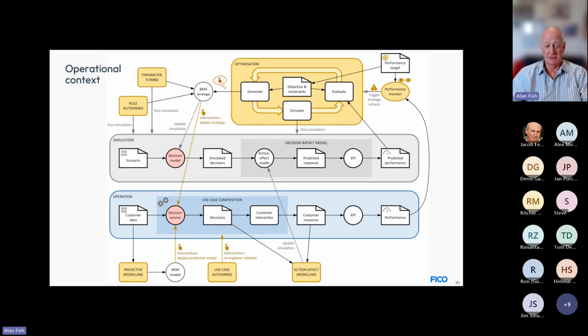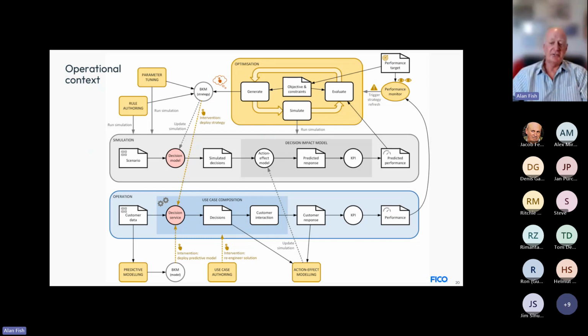We get the customer's response. And then the KPIs, the performance metrics of this composition are measured off the back of all that. So we can look at any feature of that process that we like, and we can measure performance against a set of metrics.